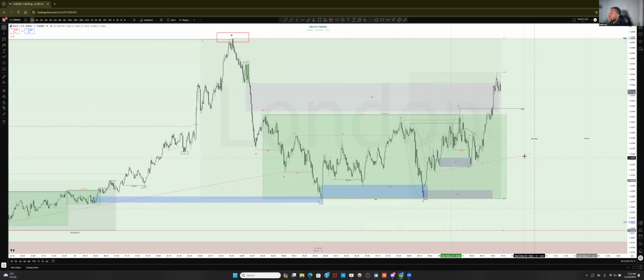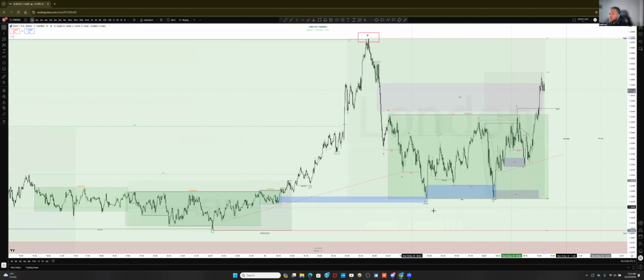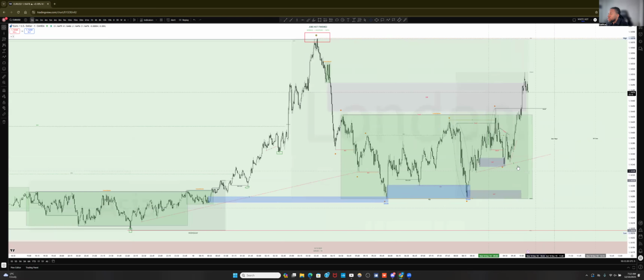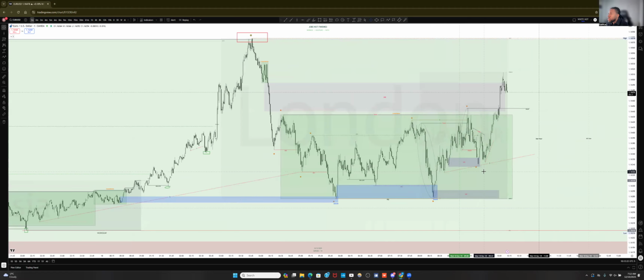This was a true move, is what we want to see. So far, we can see the buyers are still maintaining control, though they were taken out all through these areas. When price came back here, mitigated, gave this inducement, pushed out, came back, mitigated this range and pushed out once again. Buyer continuation of control we had here. So it's not a lot of buyer inducements that's leading the control.